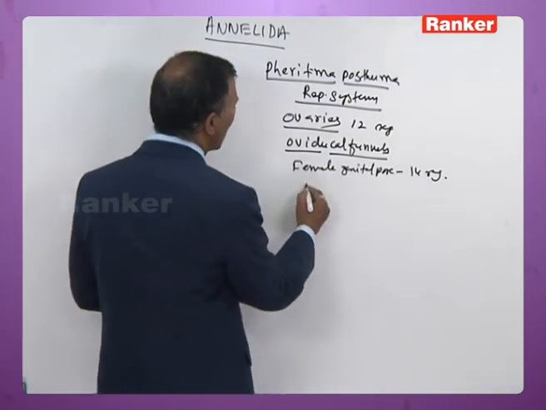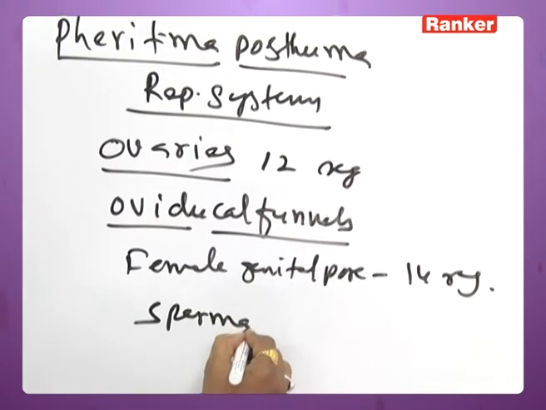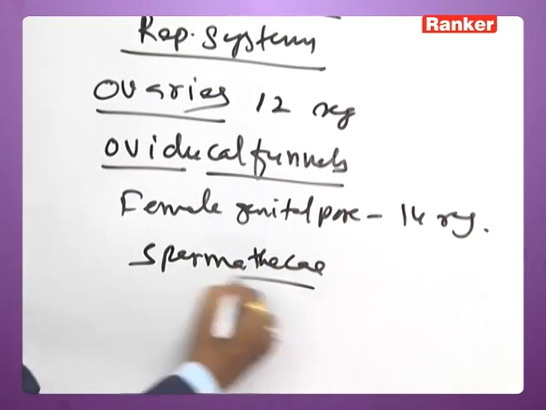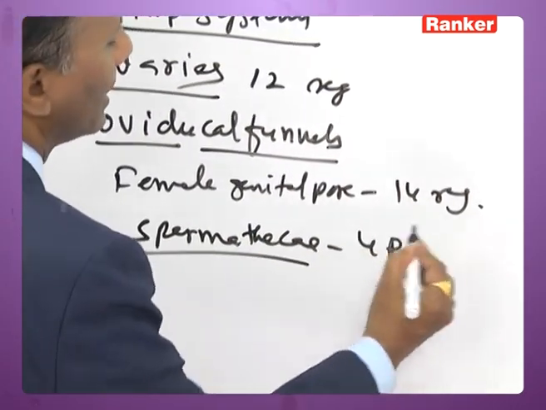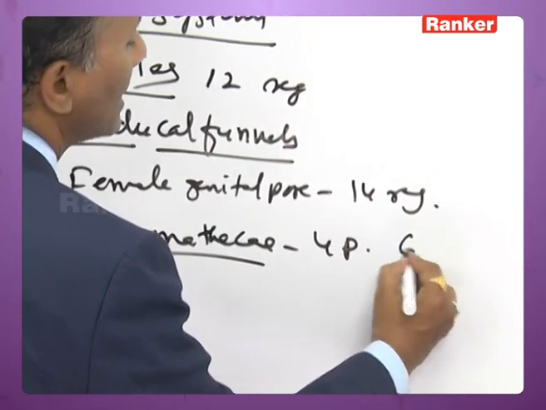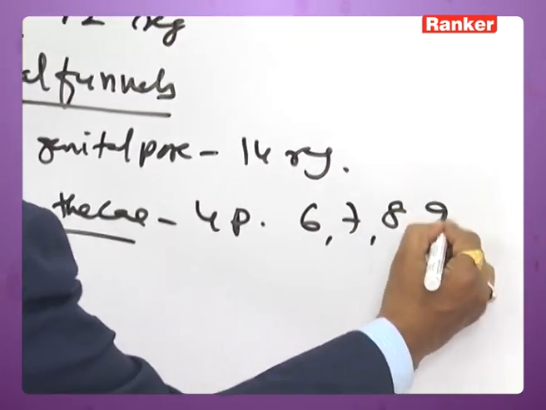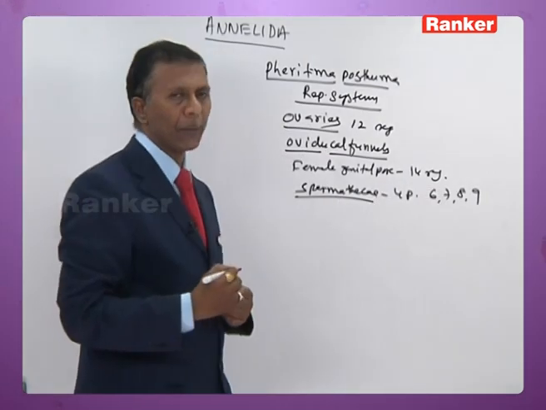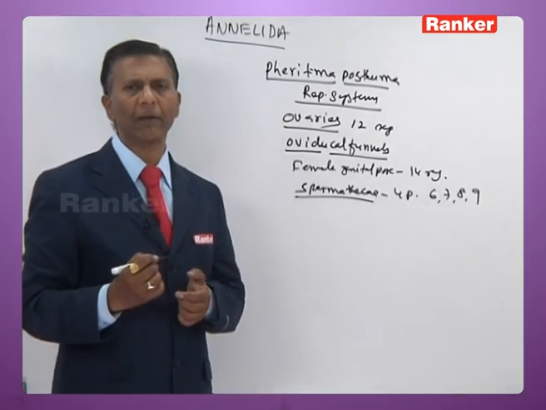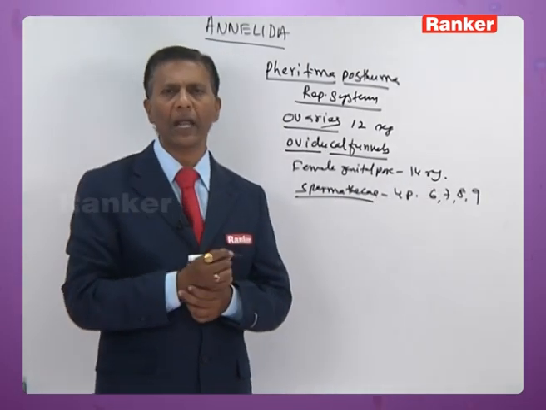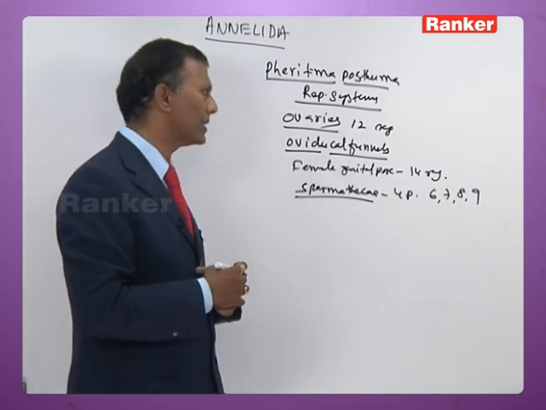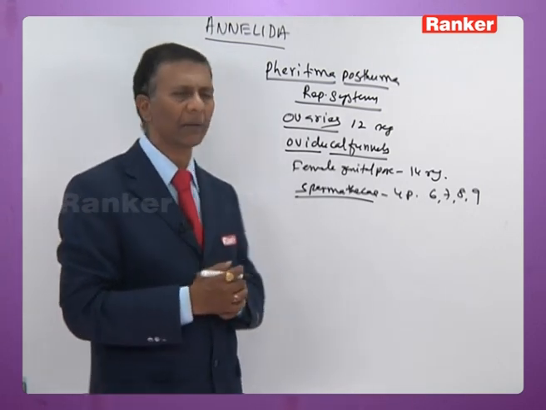Then apart from this, there are spermathecae. Four pairs of spermathecae are present in the 6th, 7th, 8th and 9th segments. Spermathecal pores are present intersegmentally at 5 by 6, 6 by 7, 7 by 8 and 8 by 9, while the spermathecae are present in the 6th, 7th, 8th and 9th segments.